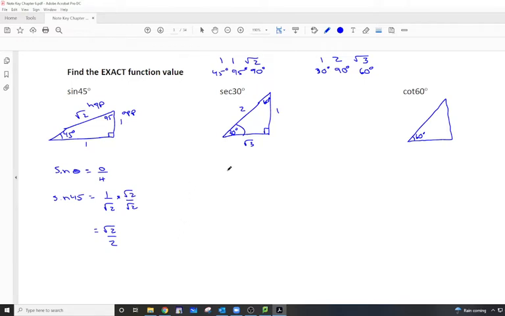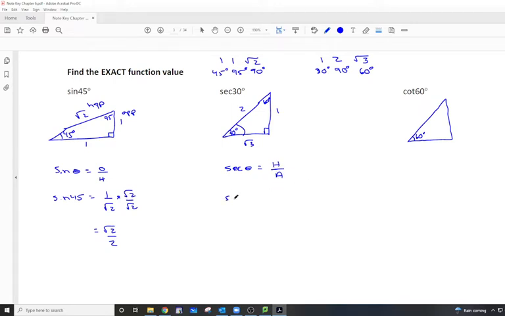So for this one, maybe you paused the video and then you were confused right away, or maybe you went for it. This one is asking you for the secant of 30. So the first thing we should figure out is, well, the secant of any angle is equal to what? Secant is the reciprocal of cosine, so it's going to be hypotenuse over adjacent.